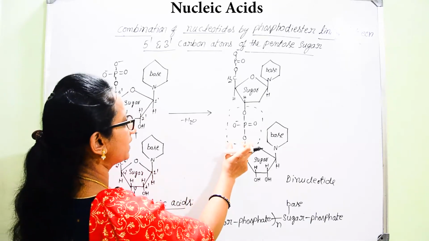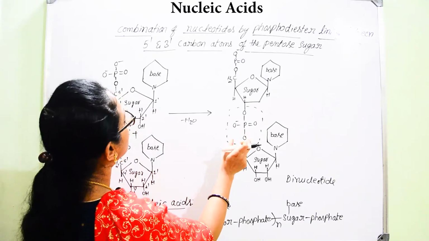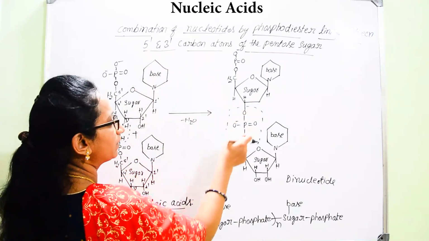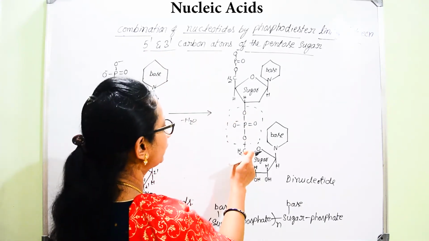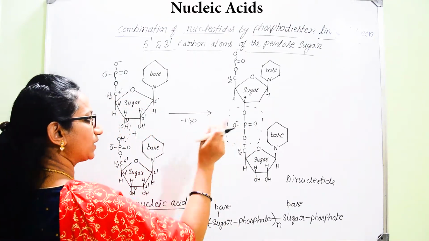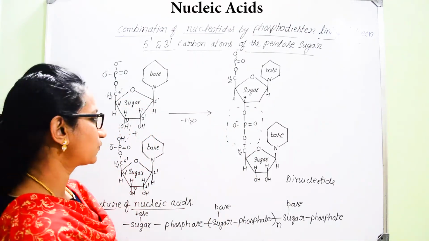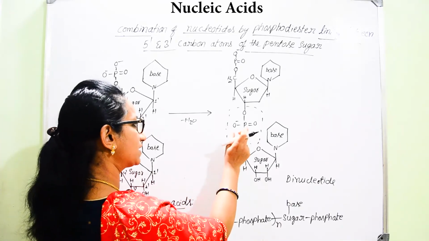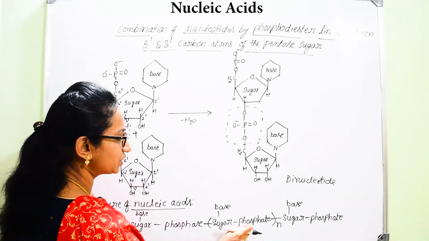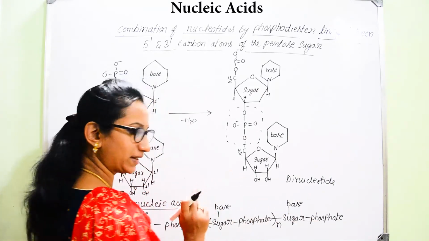This phosphodiester bond is actually lying between the 5' and 3' carbon atoms, that is, between the fifth carbon atom and the third carbon atom. This phosphodiester linkage is the main cause for the formation of a polymer chain of nucleotides.